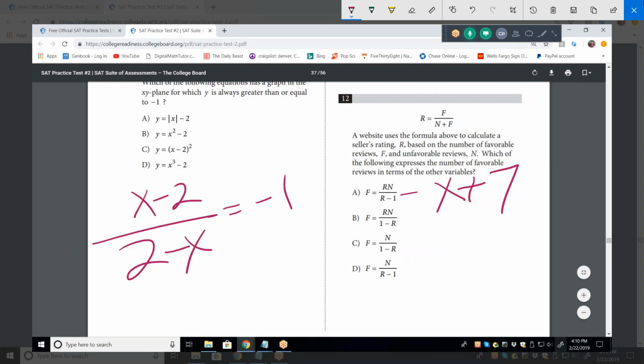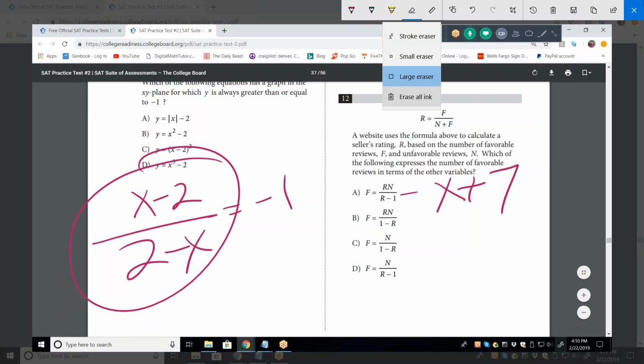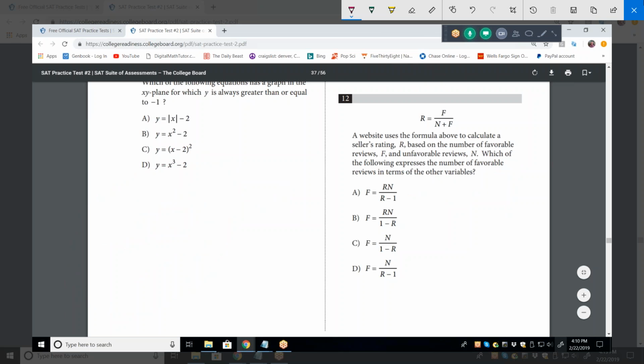Okay, and you may run into problems like that. In other words, where you reduce everything by crossing off everything that is the same, and you're left with something like that, well, you can do something with that. So this is the only situation I know of where it doesn't have to be exactly the same to cross it off. Where you have a minus b over b minus a.